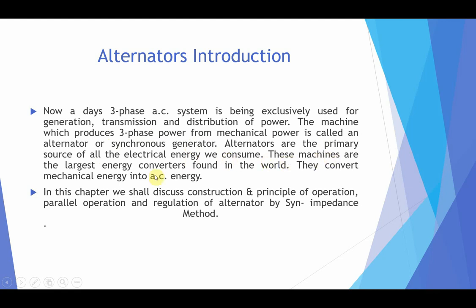These machines are the largest energy converters found in the world. They convert mechanical energy into AC energy. In this chapter, we shall discuss construction and principle of operation, parallel operation, and regulation of alternator by synchronous impedance method.